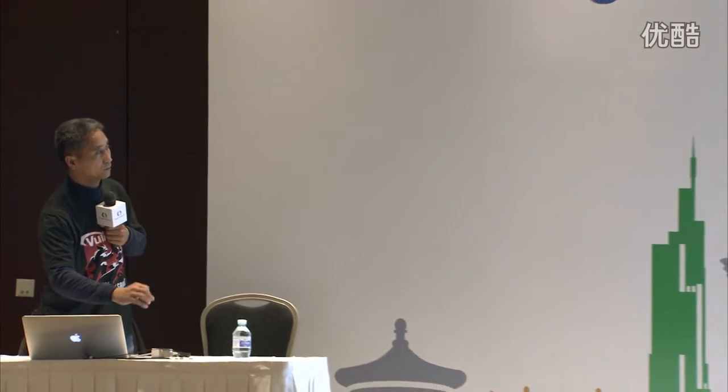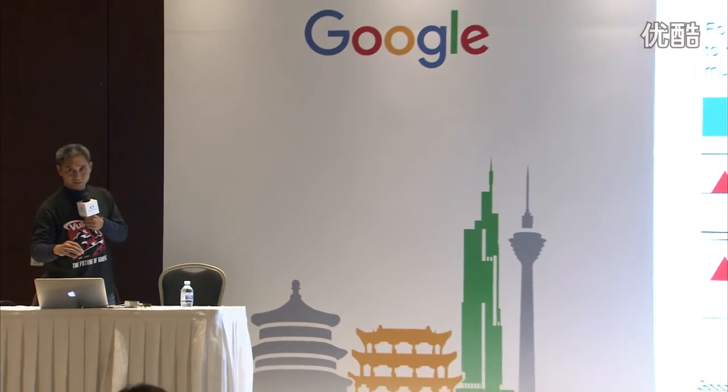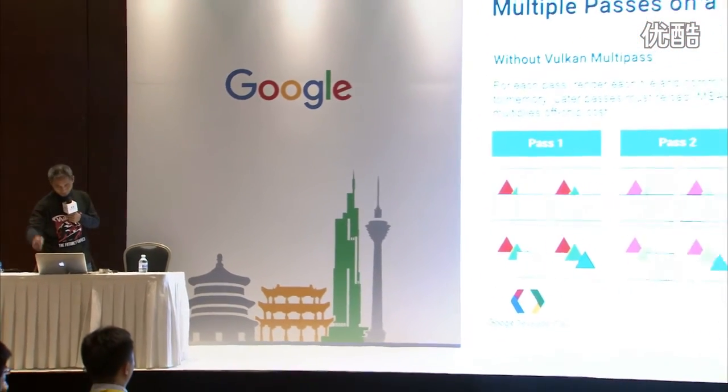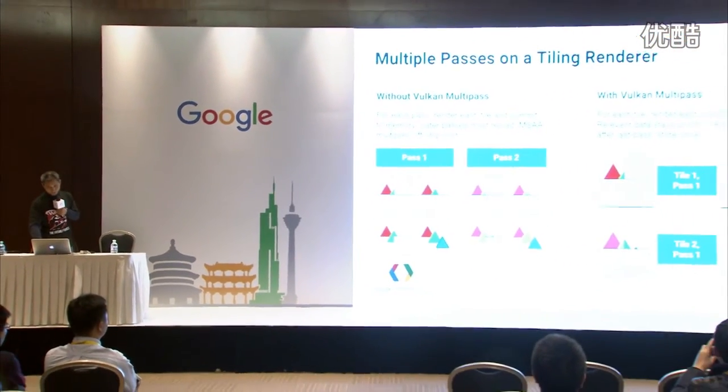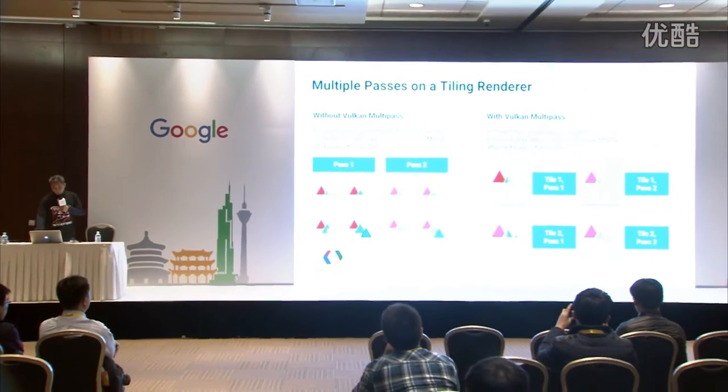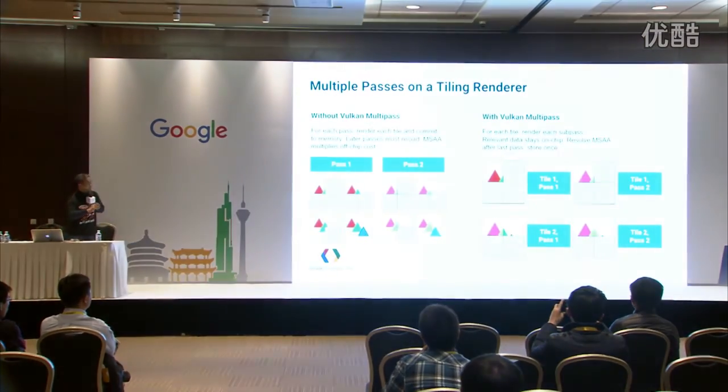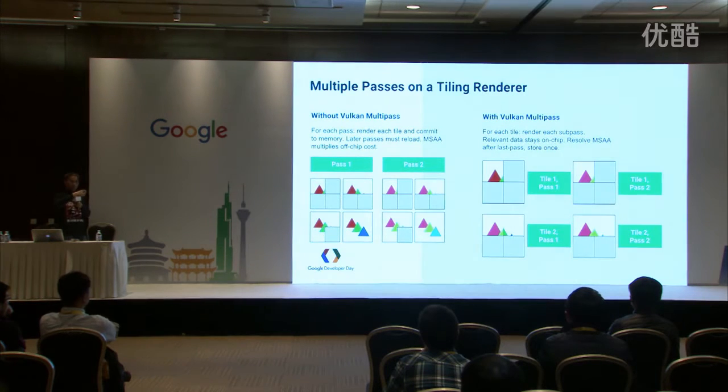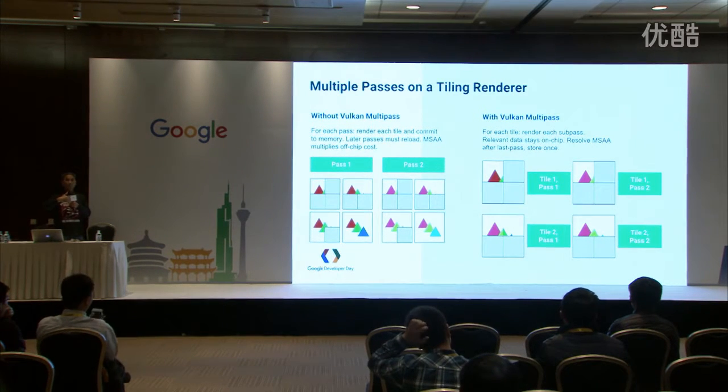Okay, the major thing I want to talk about is multipass, another feature. GPU rendering on mobile is all tile-based. So what is a tile? What is direct rendering? I'll leave you guys to find out later. What this is trying to tell you is that with a multipass application, you build a single rendering pass and put all the passes into subpasses.